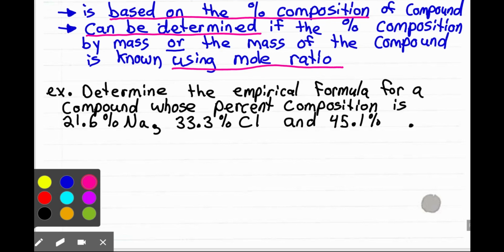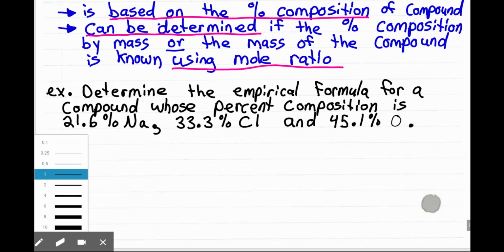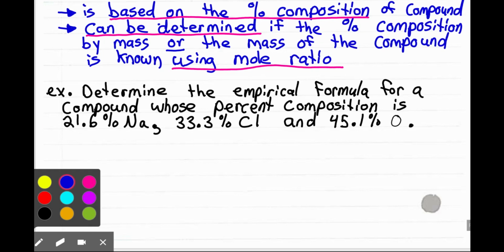So we'll add that in here. There we go. All right. So what we want to do is figure out the ratio of sodium to chlorine to oxygen by mass. We don't want it by percent.